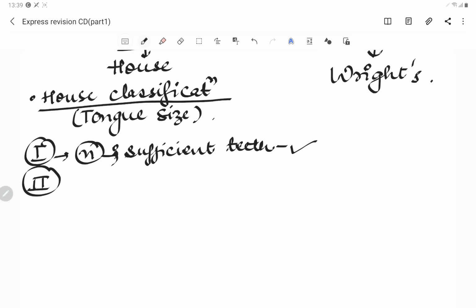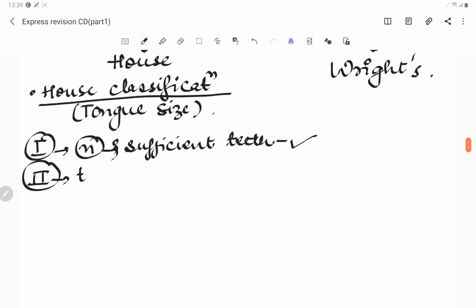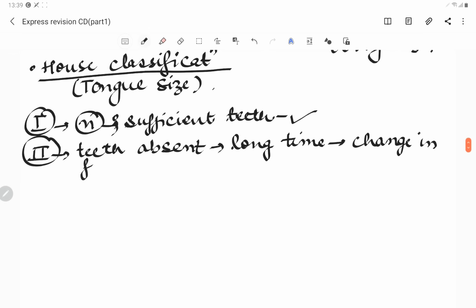So, there is going to be change in the form and function of the tongue.